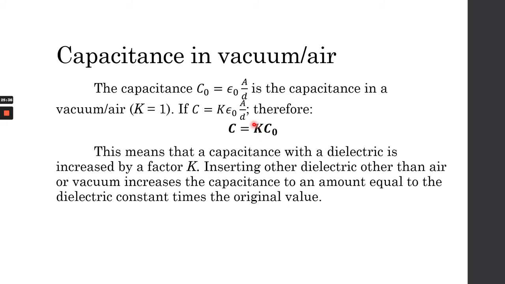So since it's one and higher, C naught will always be lower than C in this relationship.